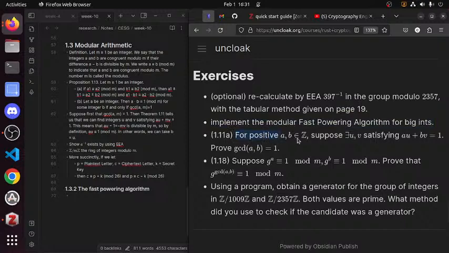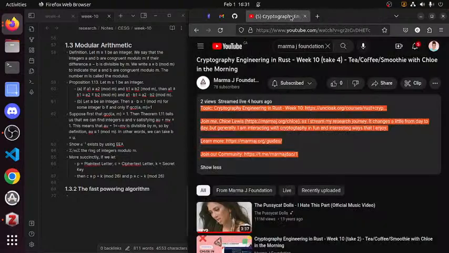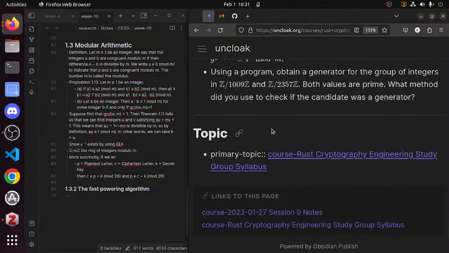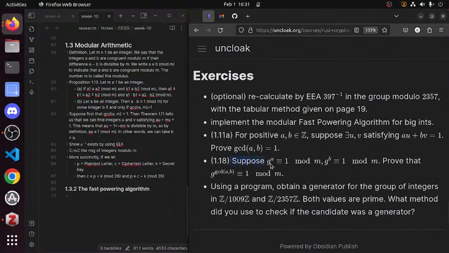And then for positive A and B, suppose that you have U and V that satisfy this. Prove that the GCD equals 1. So this one again is asking you to do a proof. In my opinion, there's actually a proof in the textbook, so maybe I just need to find that. 1.18, suppose that g to the a is congruent to 1 mod m, and g to the b as well.